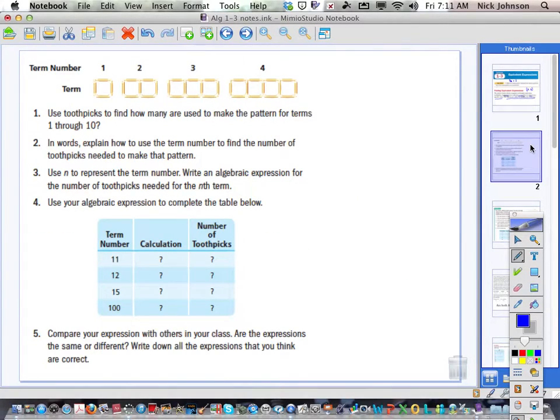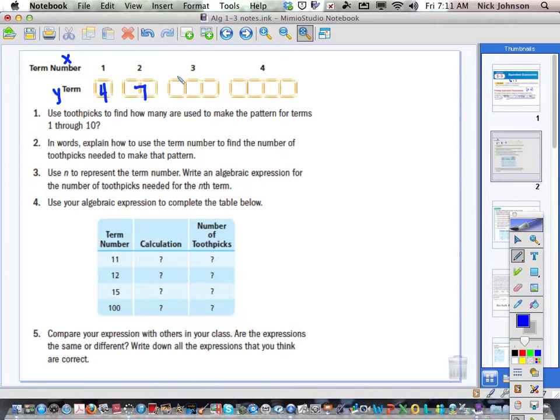So let's look at this. As I said before, our term number is x, and in this case, our y is the number of toothpicks. So for term 1, how many toothpicks are there? Well, as you can see, there are 4. For the second term, how many toothpicks are there? 1, 2, 3, 4, 5, 6, 7 total.